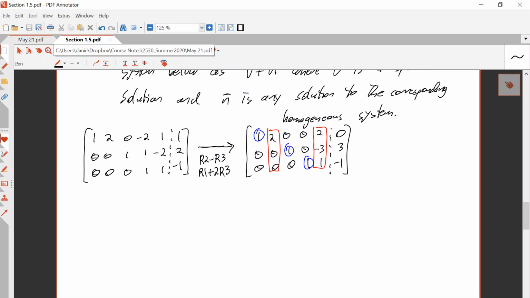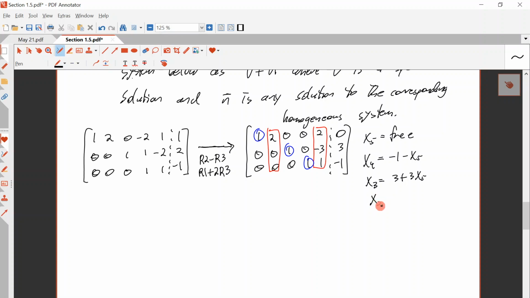So we have that x5 is free. x4 is minus 1 minus x5. x3 is 3 plus 3x5. x2 is free. And x1 is, this should have been a 3 there, minus 3x5 minus 2x2.